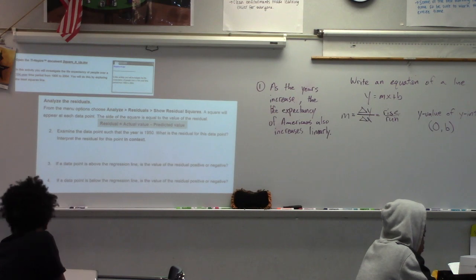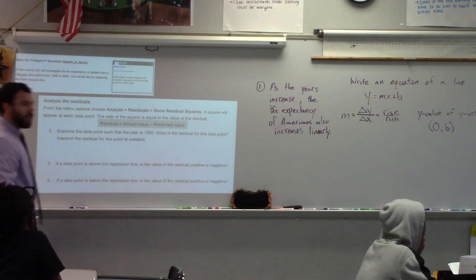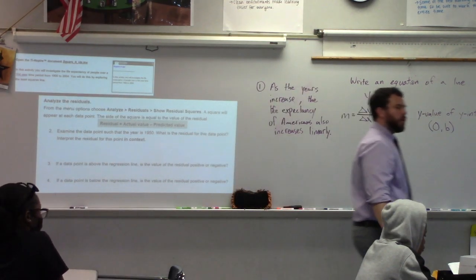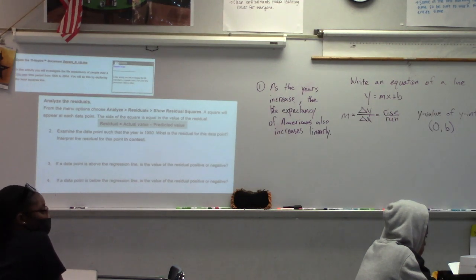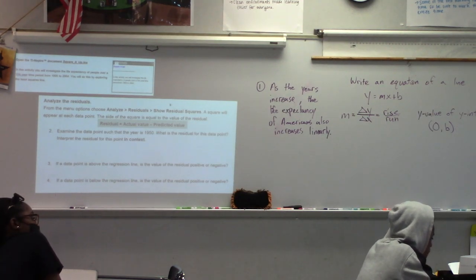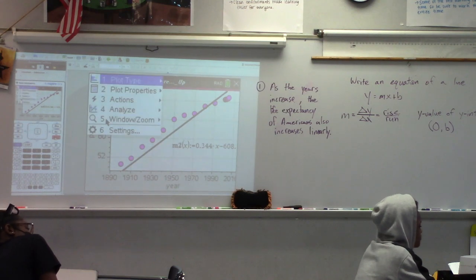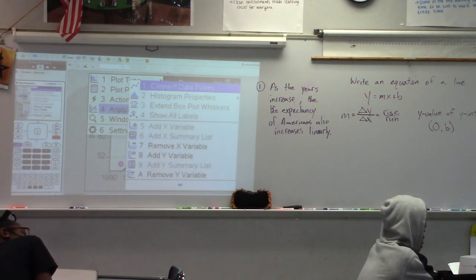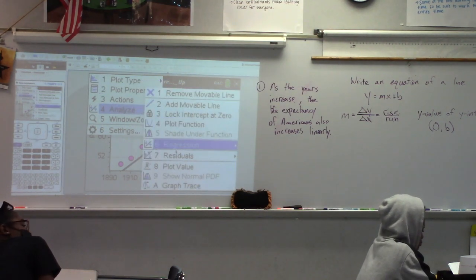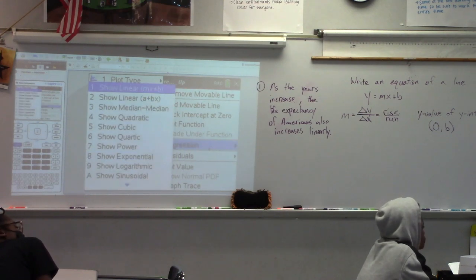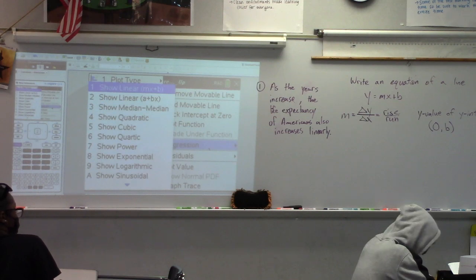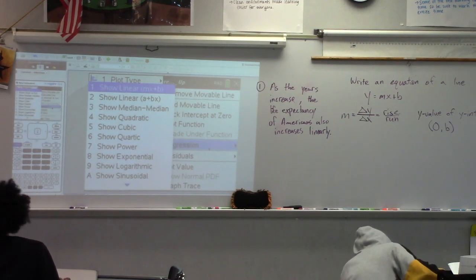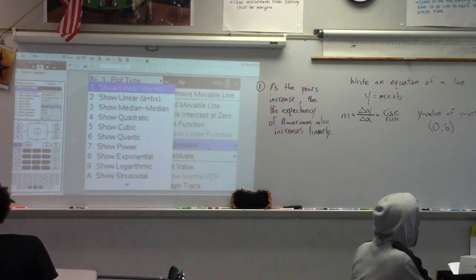Okay. So we should have our movable line in there. We should have our residuals. Now, analyze. Actually, does anybody need me to walk through this because we couldn't follow the directions? No. Okay, did you get your movable line in there, Joey? Emily?